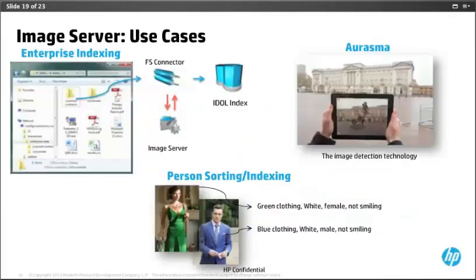So once we've actually acquired this information and we've begun processing the data through the image server and speech server components, what are the use cases? What do we actually get out of this, which presents the value of the use of the technology? Well, let's take the case of Aurasma, which is a very, very cool technology.